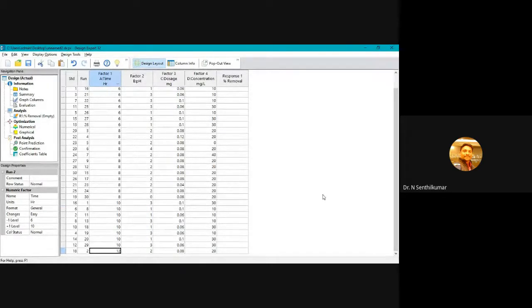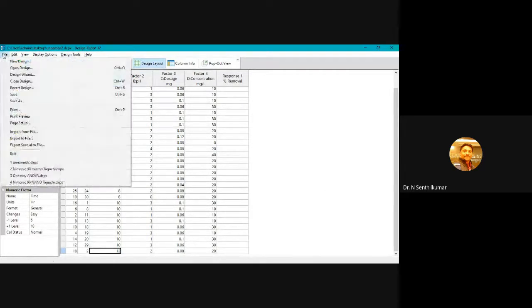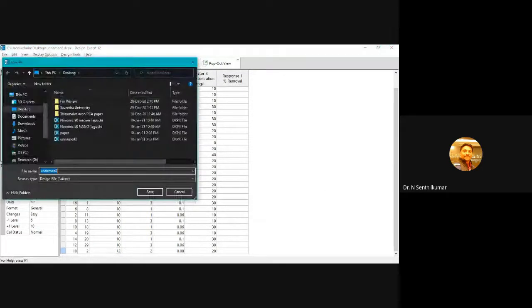So the range is going to be enormous, so accuracy will be higher. If I change the rotatability, then the accuracy of your prediction or obtaining the optimal conditions will be really good. Okay, the same thing now I am going to use. File, save as, file, new.